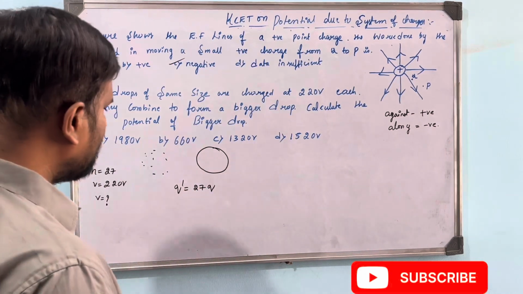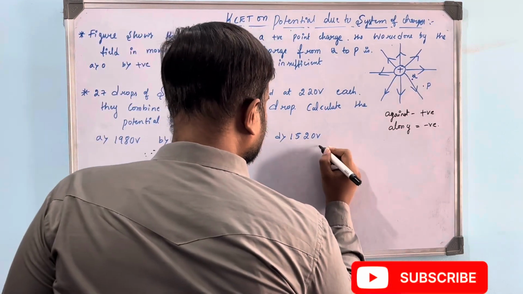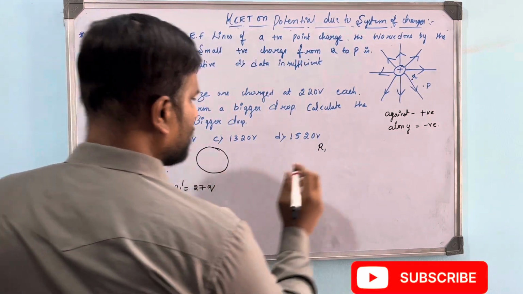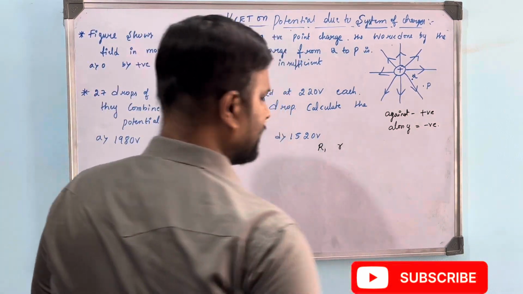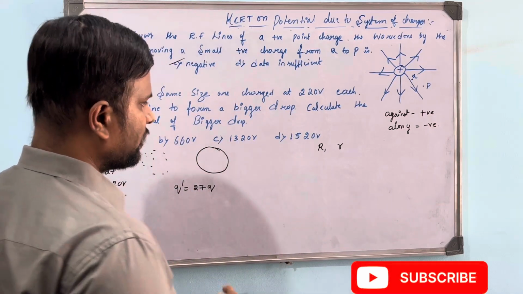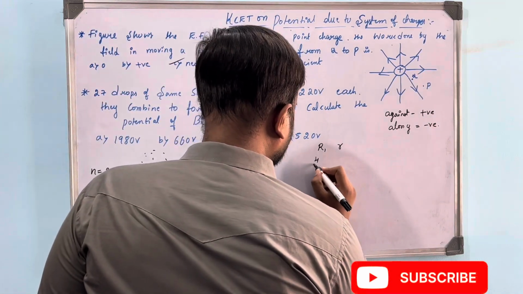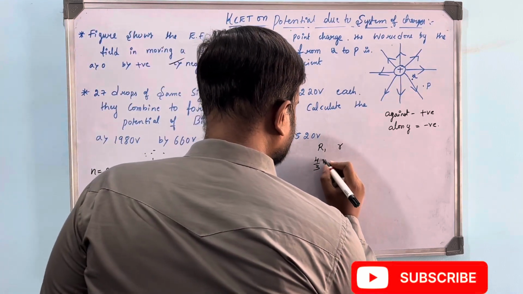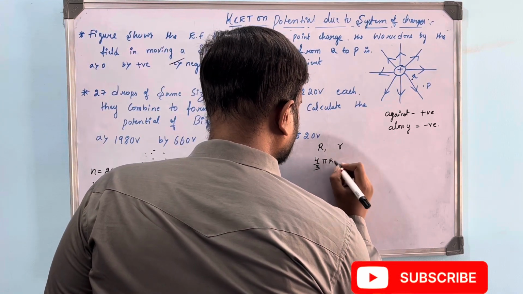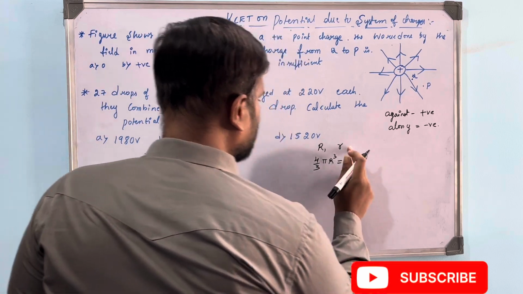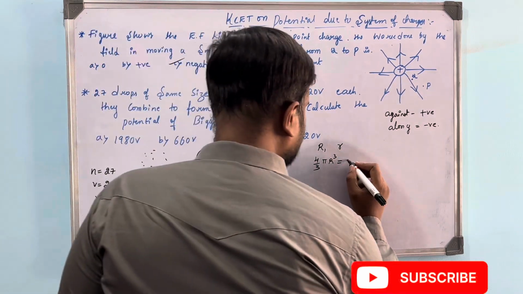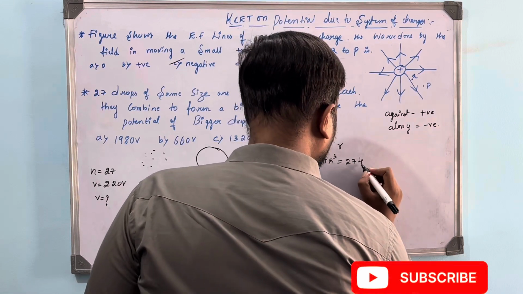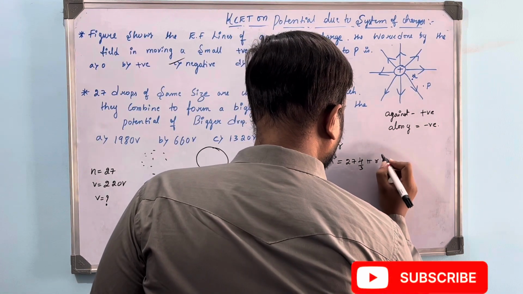Let capital R be the radius of the bigger drop, and small r the radius of the smaller drop. It can be taken as a sphere, so the volume of the sphere is 4 by 3 pi r cube. The bigger drop equals 27 smaller drops, each 4 by 3 pi r cube.